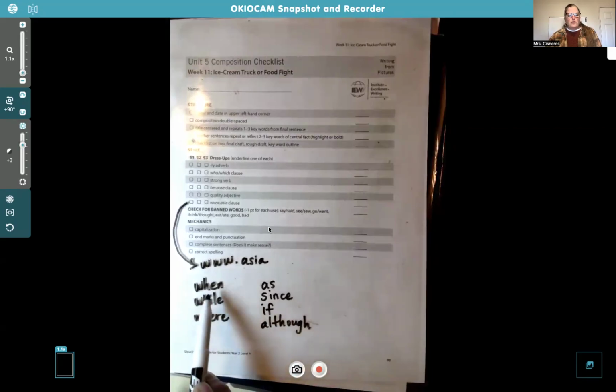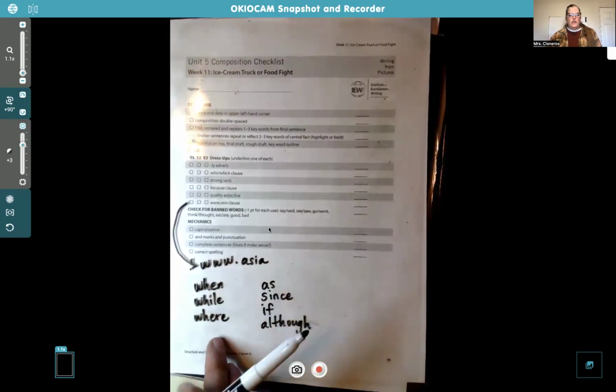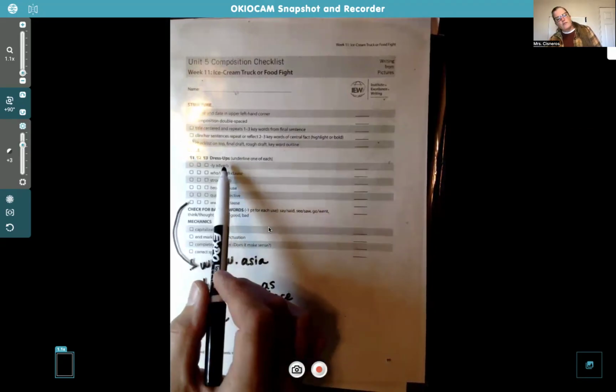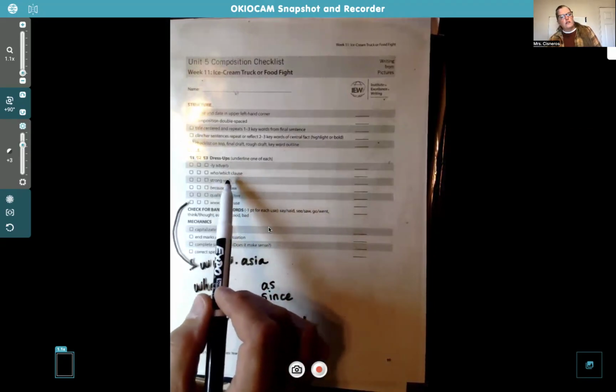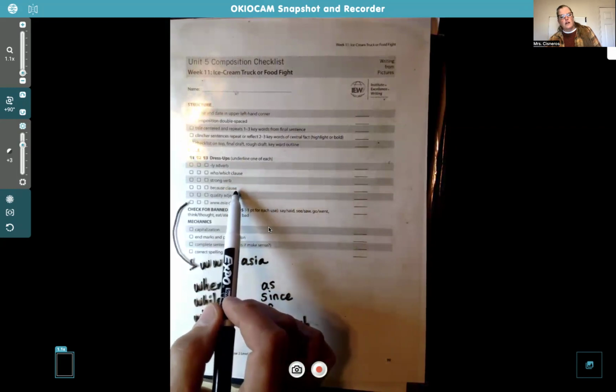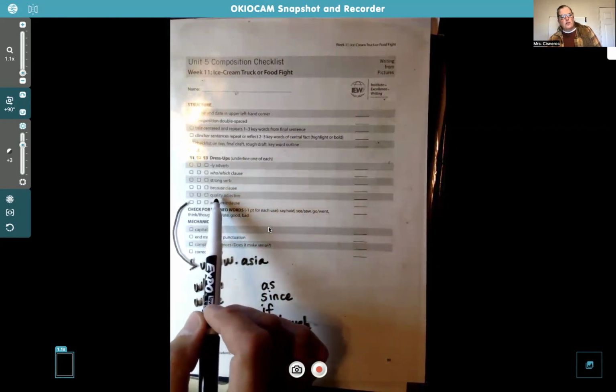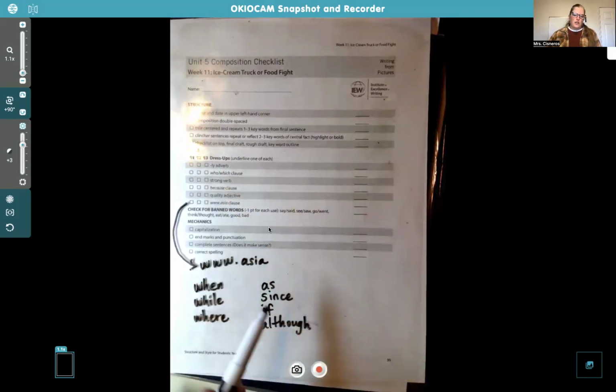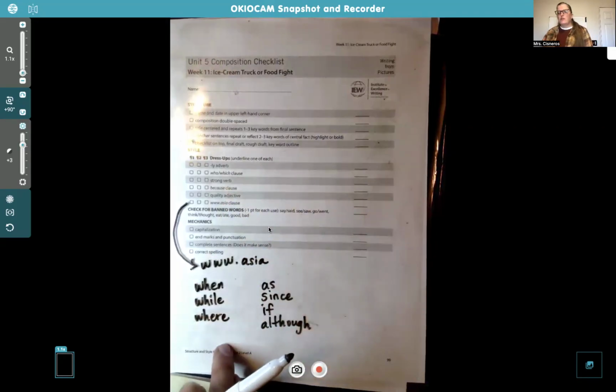But you need to make sure to include one of these words in a sentence, and then you underline it, just like you do your ly adverb, your who, which clause, your strong verb, your because clause, and quality adjective. And there it is, the www.asia. These are the words. So it has to have one of these words in each paragraph and then underline it.